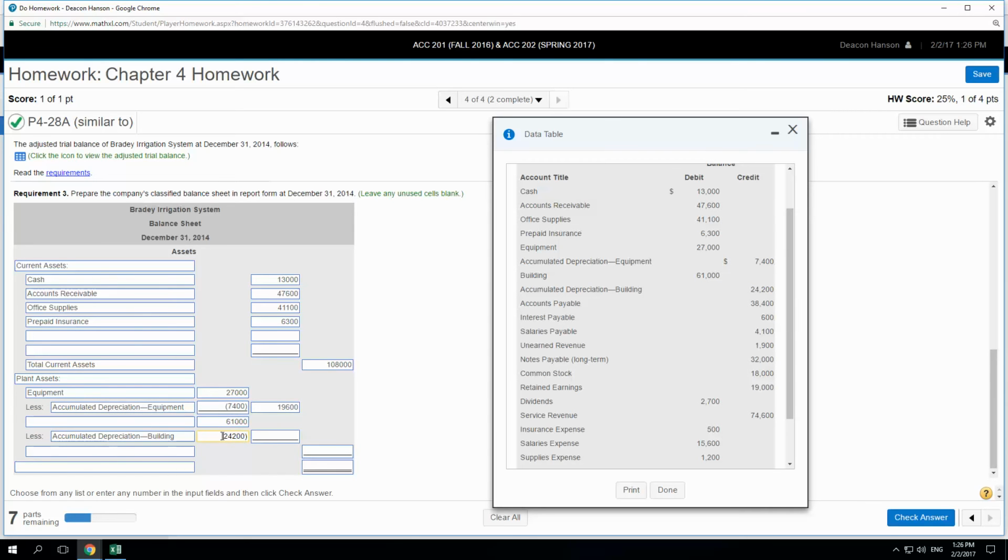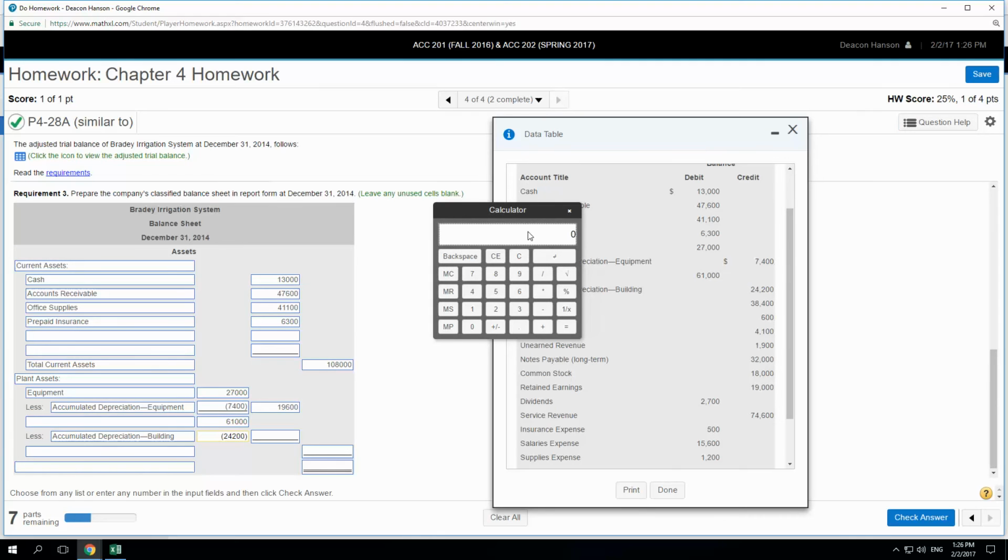My arrow keys don't work. Okay. So 61,000 minus 24,200 gives me 36,800.